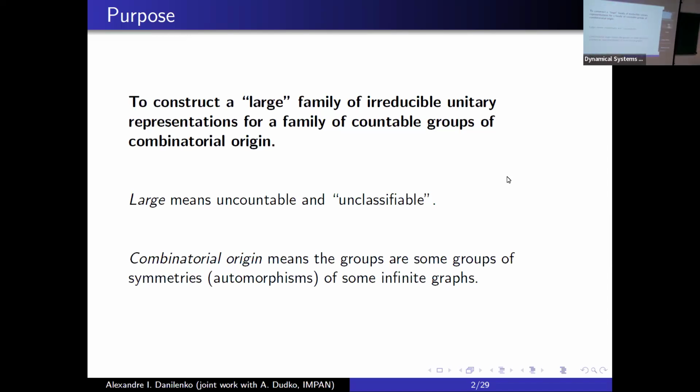The groups are of combinatorial nature, by which I mean uncountable and even more, in some sense, unclassified.